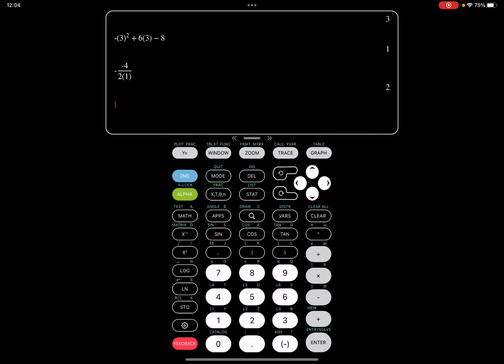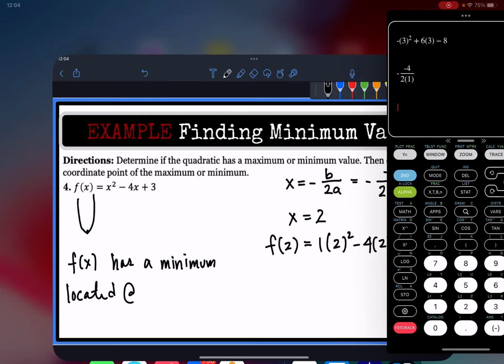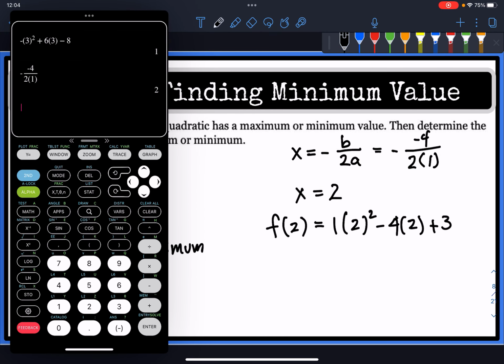With our handy dandy calculator, we can figure this out. Let me put in the 1, not necessary, but let me write it. So we have 2 squared minus 4 times 2, plus 3, and that's equal to -1. So when we plug 2 into our function, the y value is -1.